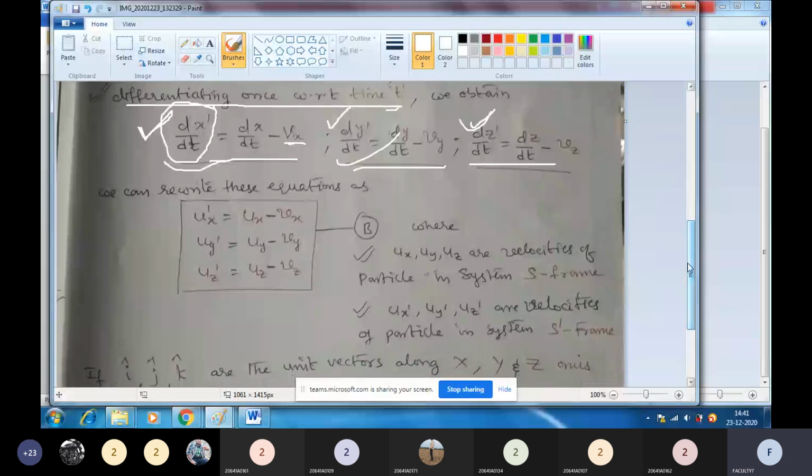Okay. Now what we are going to do, we are going to convert this left hand side as u prime x. Now this as ux. Okay, you can understand what these are. So it is a velocity in S frame. This is a velocity in S prime. And what is v x here?